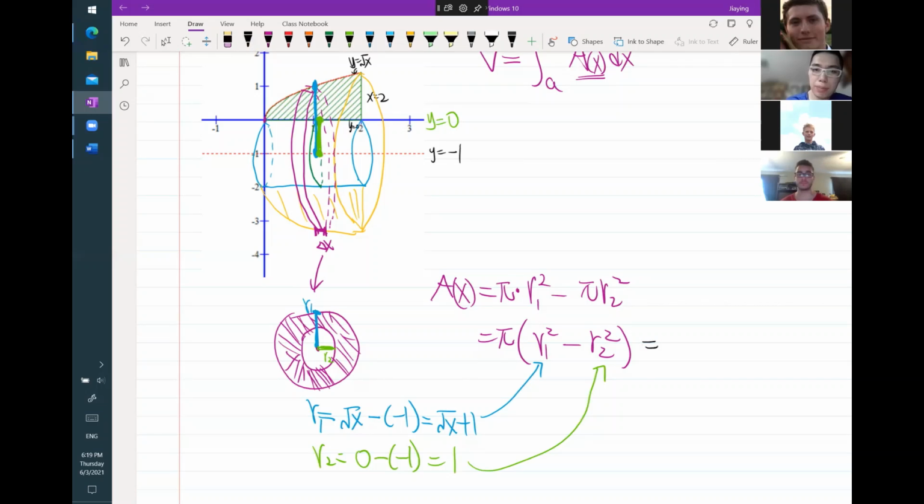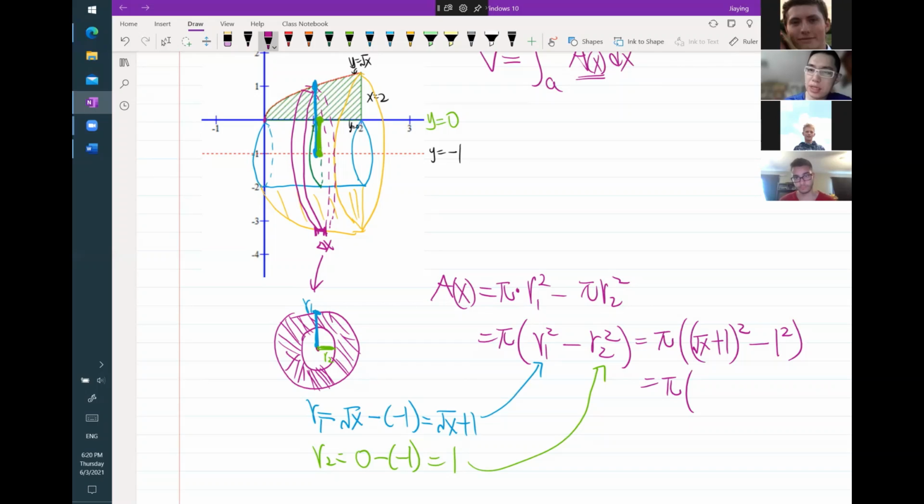If you put these in, you can find the cross-sectional area function, which is pi times the first part, square root of x plus 1, squared, minus the second radius squared, which is just 1 squared. You can expand it if you like.